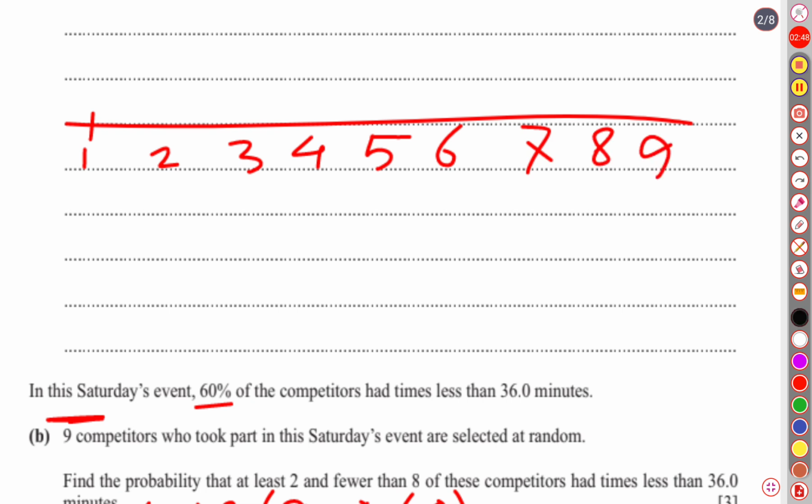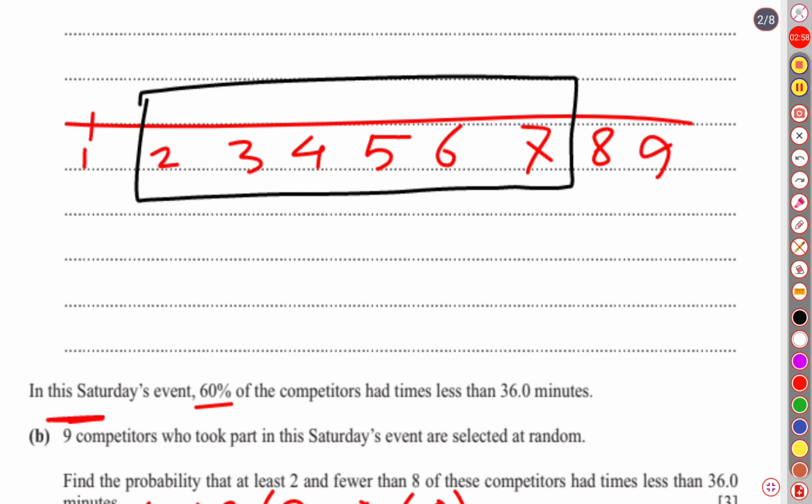Out of 9, they have told us that including 2, our probability should be found for this portion, 2 until less than 8. We cannot include 8. So what does this mean? The probability of X is equal to 2, X is equal to 3, 4, 5, 6, 7.